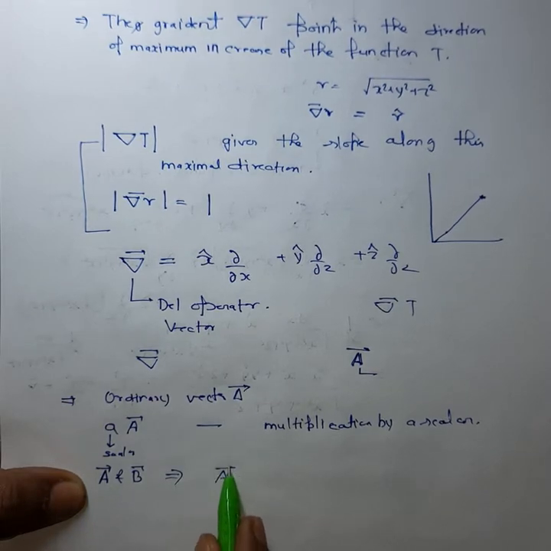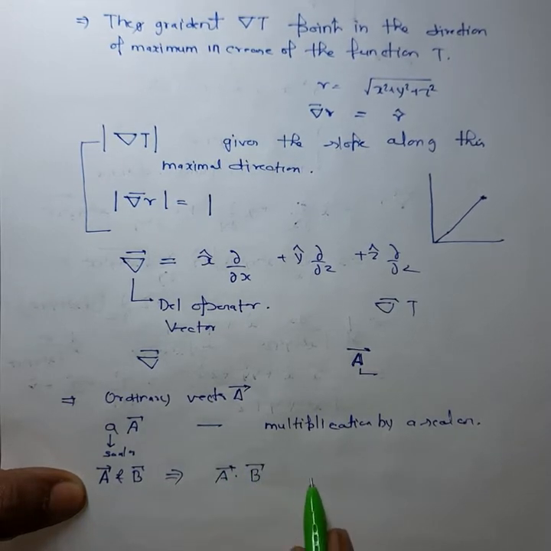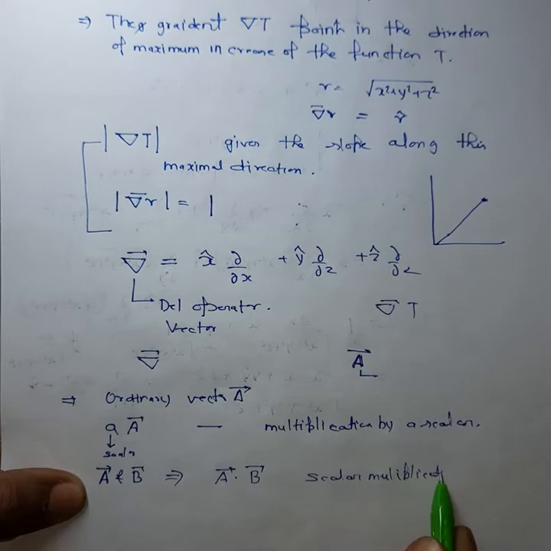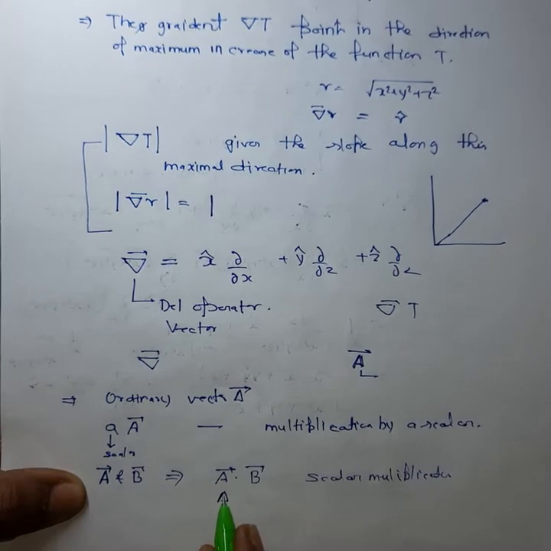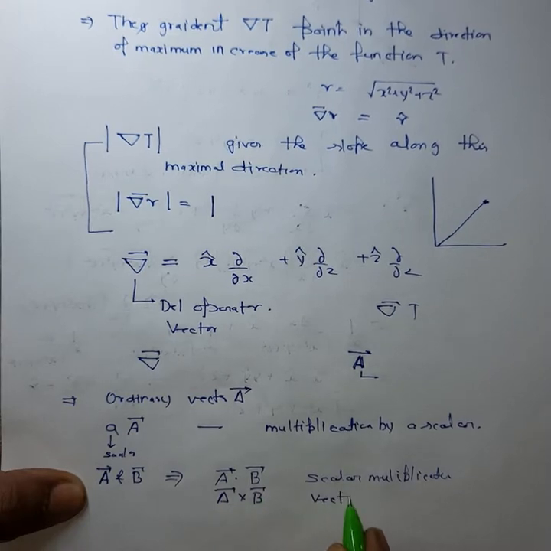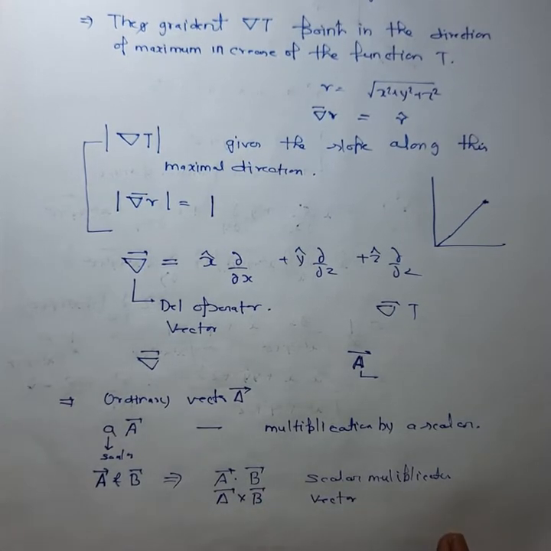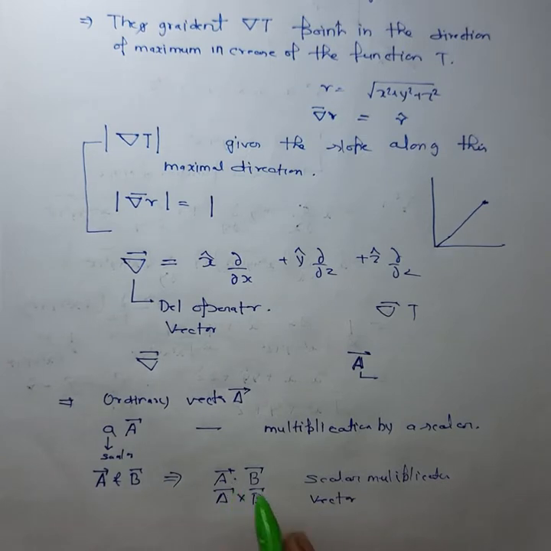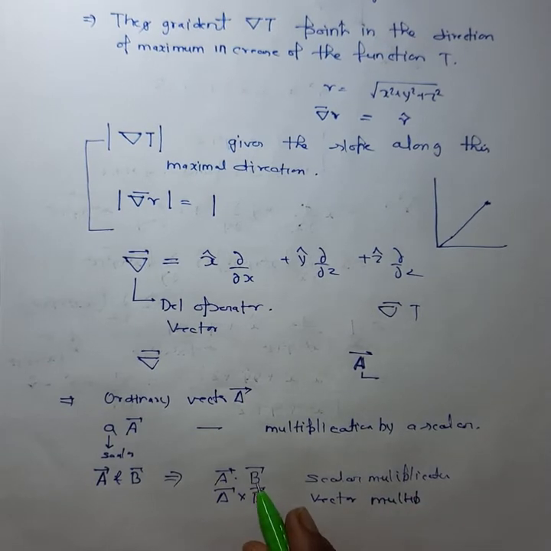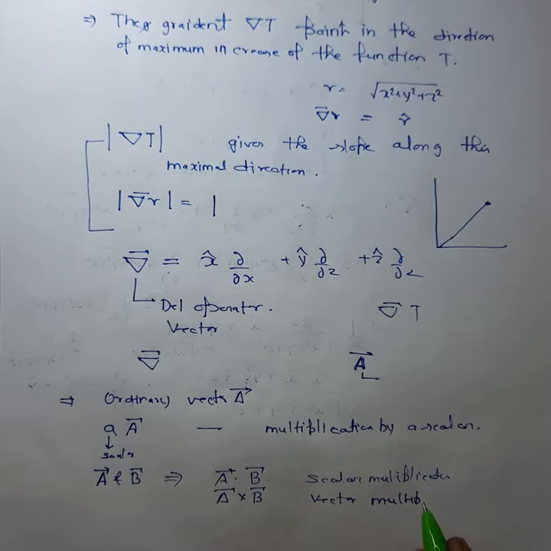One is a dot b, that is scalar multiplication. And a cross b, that is vector multiplication. That is, one is the dot product and the other is the cross product. Why? Because here the output is a scalar and here the output is a vector.